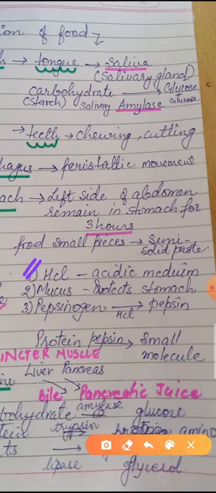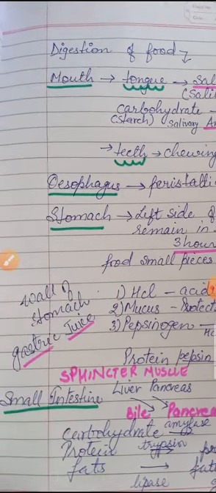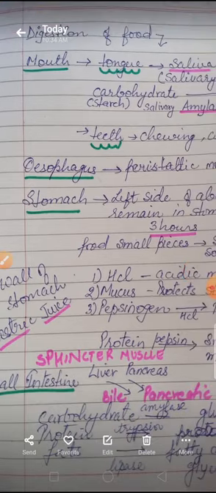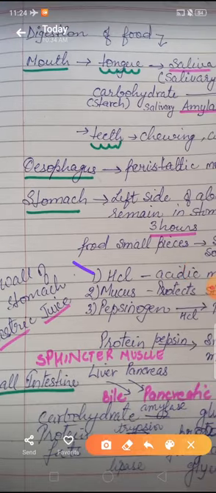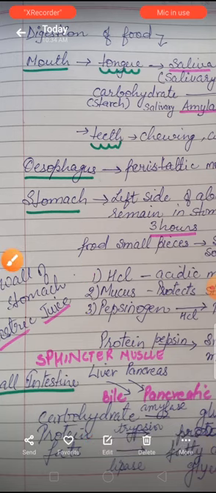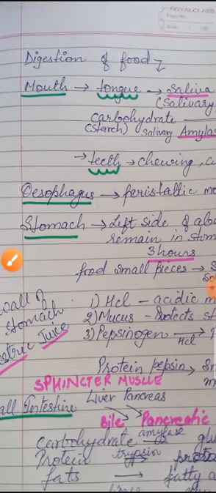First, activating the enzyme pepsin, and second, killing the bacteria. Understood? Sure? Let's move further. So we saw the two main things, HCl as well as pepsin. Now we'll move further towards mucus.